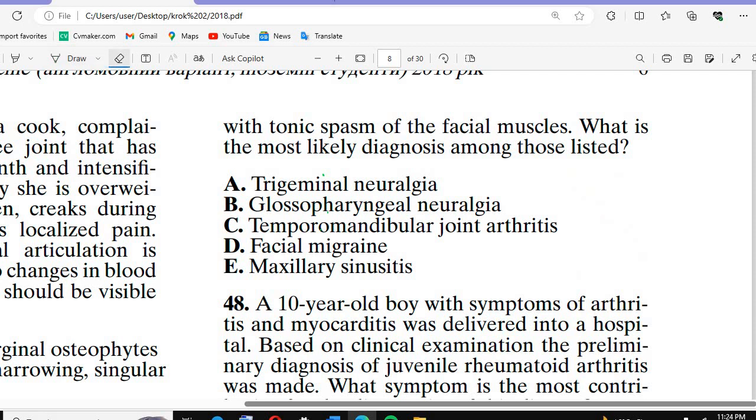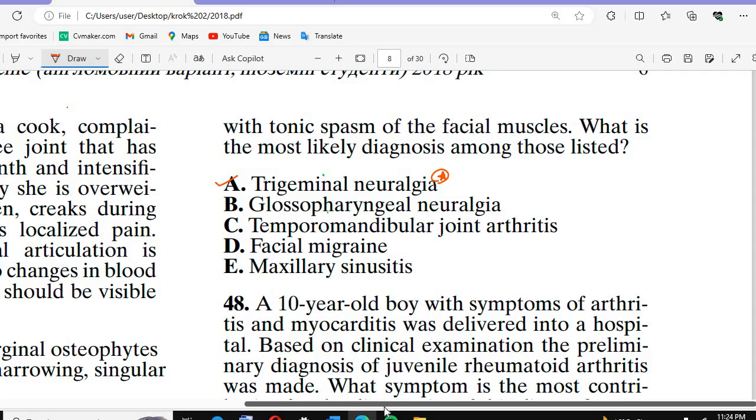You maybe studied only trigeminal neuralgia, and we also give the drugs. The drug of choice for this condition is carbamazepine. So this can be the answer.